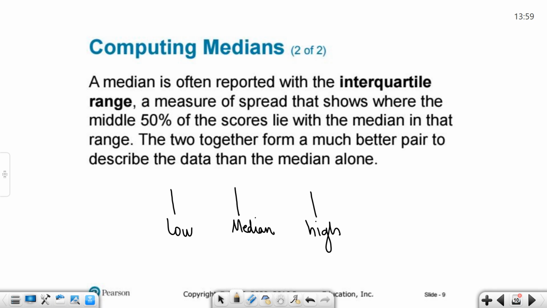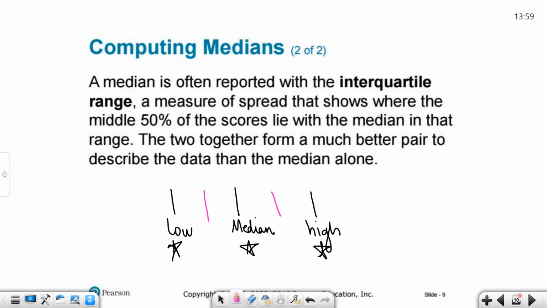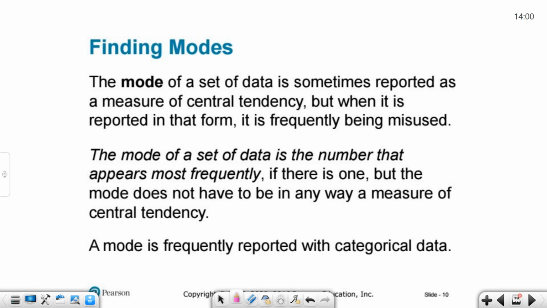When they start talking about the interquartile range next week, that'll be 5 different numbers: the low, the high, the median, and then in between, two other data pieces, the low quartile and the high quartile. We'll give it its fancy name next week. Next week you're going to use this median in your calculations and give a 5-point spread, and that's how they find the 5 points.